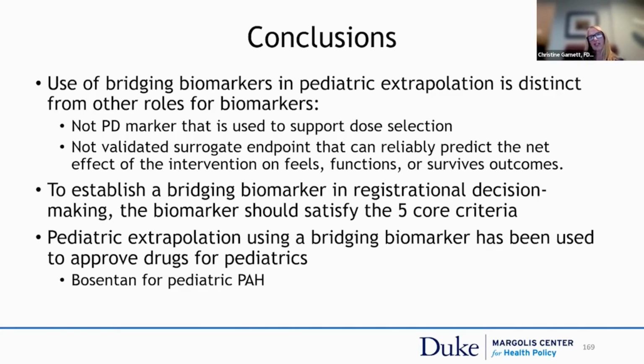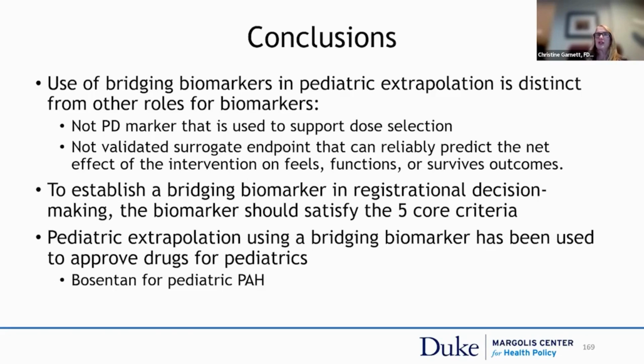And to be able to establish a biomarker as a bridging biomarker for decision-making, the biomarker should satisfy the 5 core criteria that I presented in this presentation. And I've used an example of how Bosentan was used for approving the first drug in pediatric PAH.